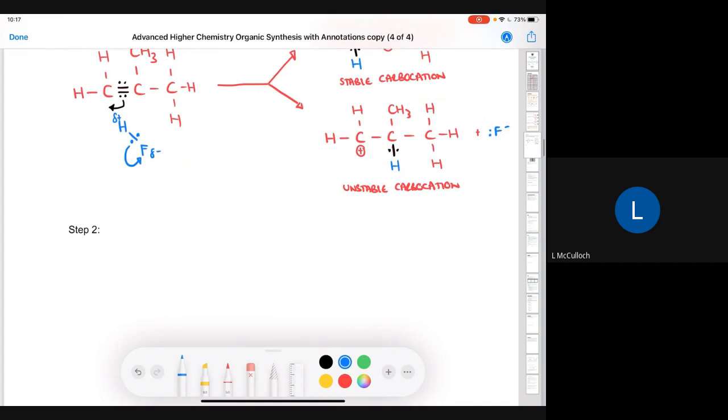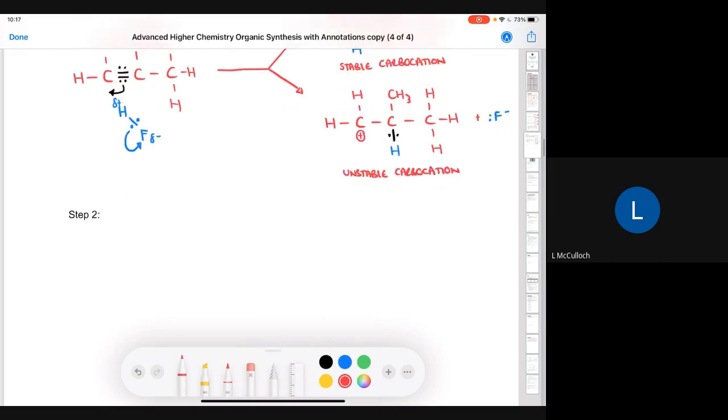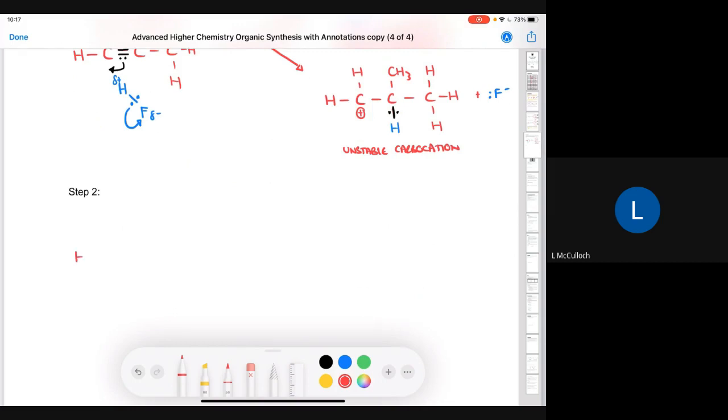Now if you're asked to draw an addition reaction mechanism in an exam situation, you don't need to do both the stable and the unstable carbocation. You can just look at the one that would be most stable, the one that would follow Markovnikov's rule. I'm just drawing both as an opportunity to look at the stability between them. So let's take our stable carbocation.